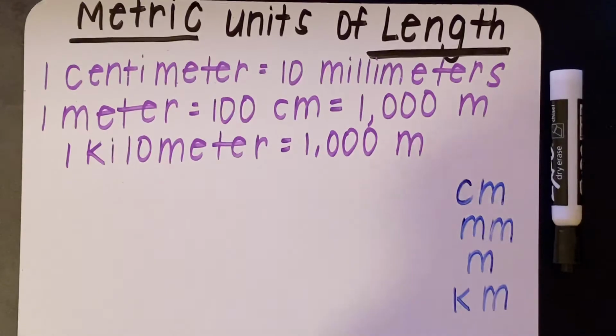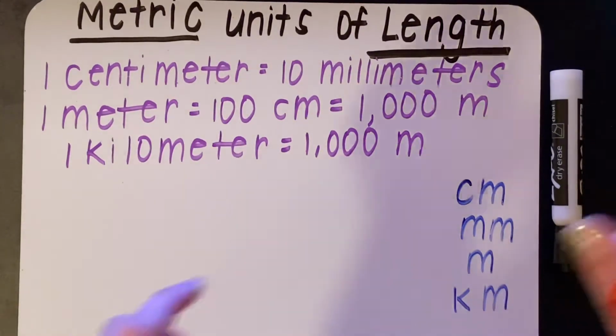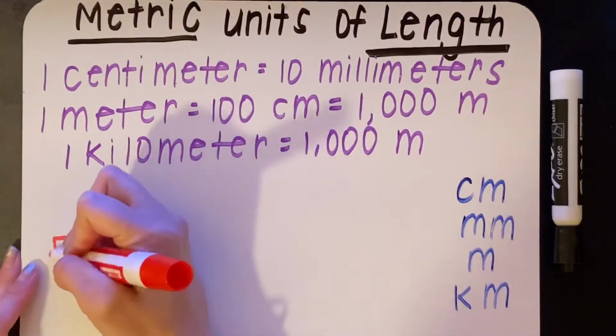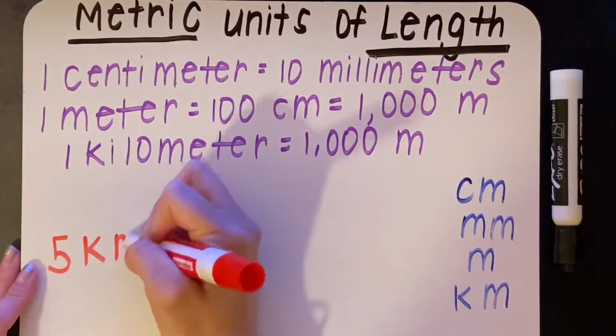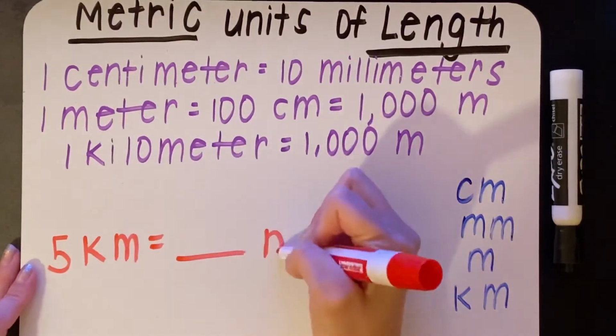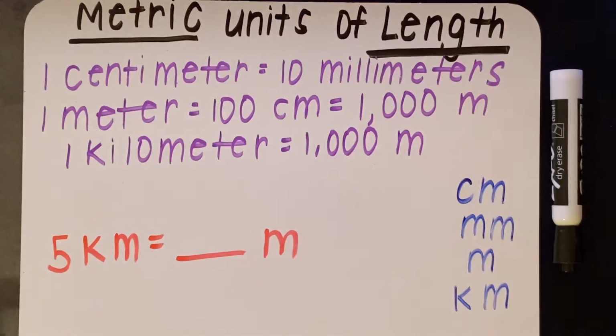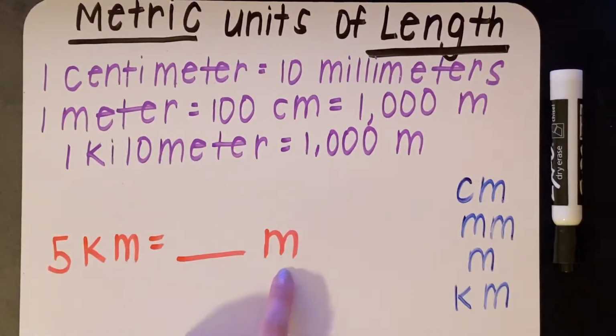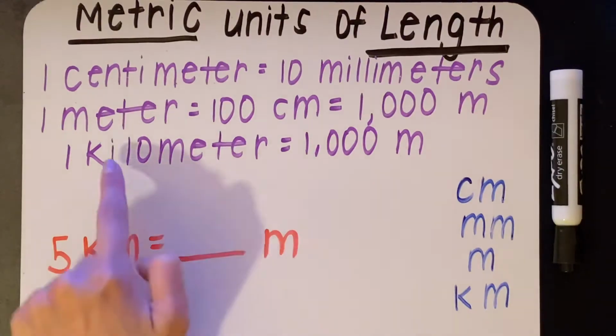Most of your questions on Pearson are going to ask you to convert using these units of measure. So you could see a question that says something like this. You might have 5 kilometers equals blank meters. So just like before break, you're going to look for which fact can help me here. I need the conversion kilometers to meters.